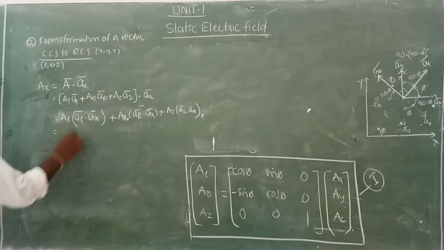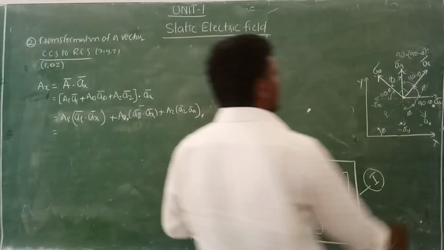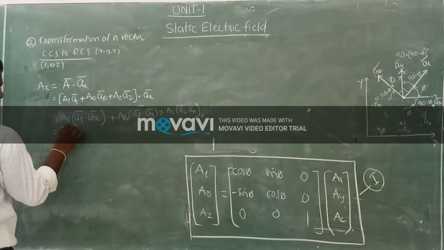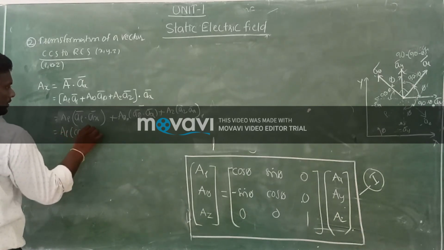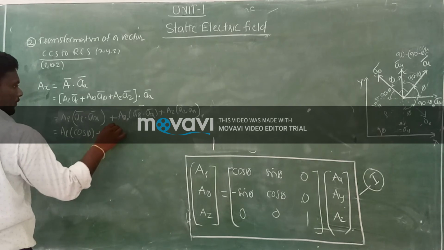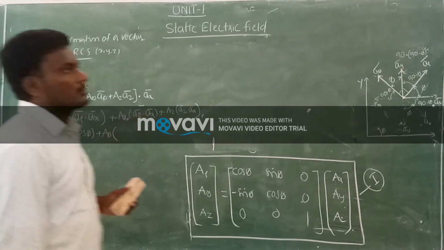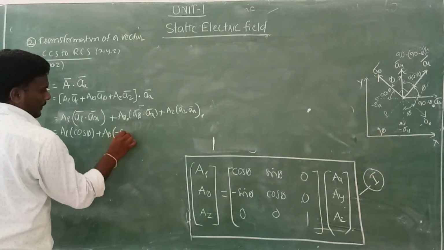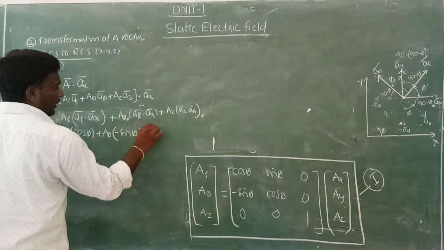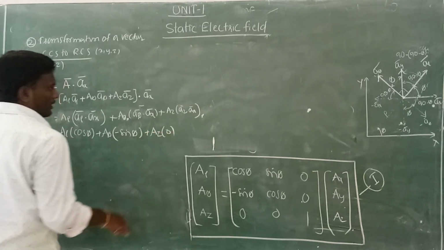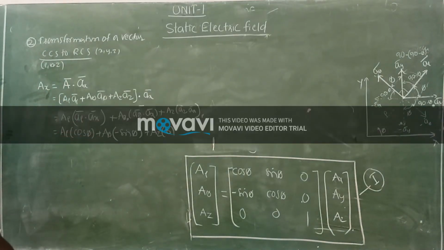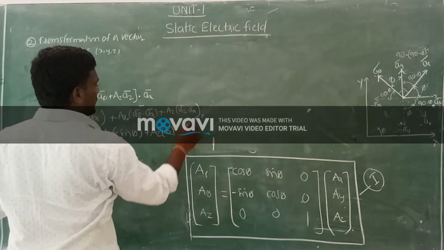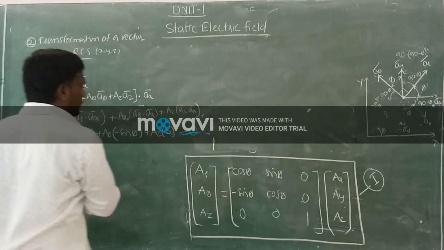What is the angle between a rho and ax? This is a rho and ax. It is phi. So that's why A rho into cos phi. Similarly, A phi into the angle between a phi and ax, which is minus sin phi. Anyway, Az into 0. Why? Because the angle between az and ax is 90 degrees, and cos 90 is 0. So consider this as equation number 1 in this transformation.